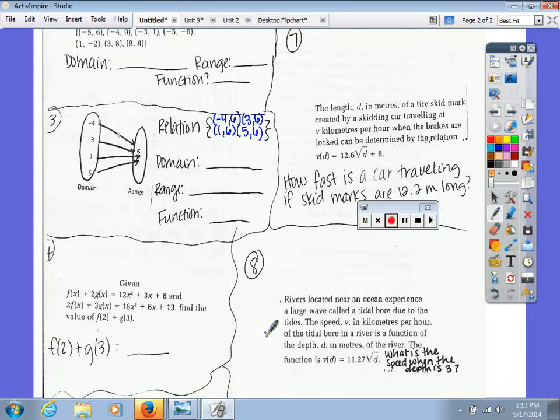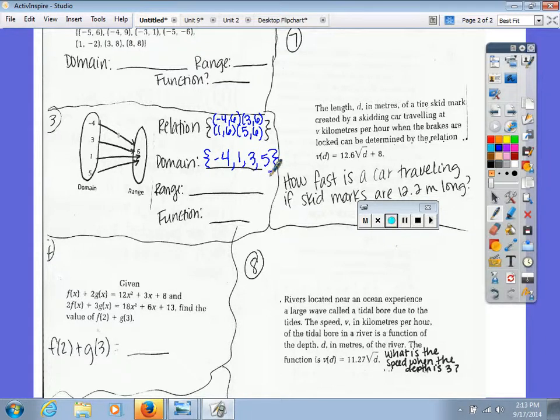Okay, so I heard some people say -4, 3, 1, and 5, and then I heard some people say something differently. How come it's -4, 1, 3, 5? Very good. It needs to be in order. -4, 1, 3, 5.